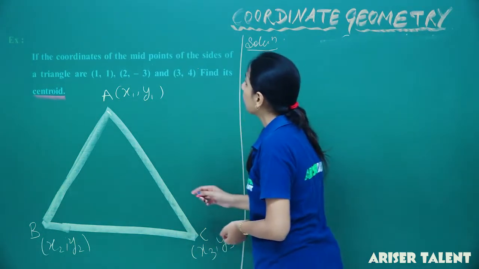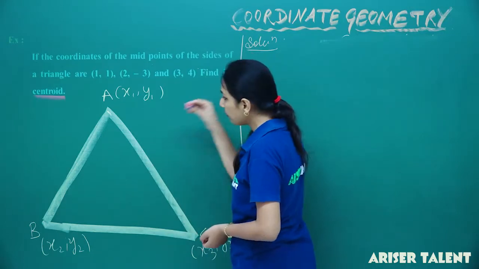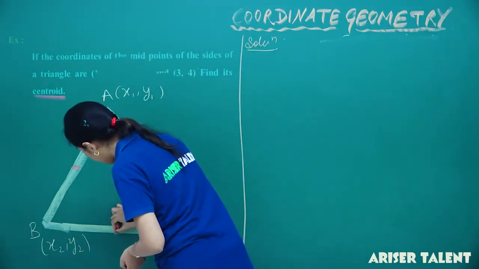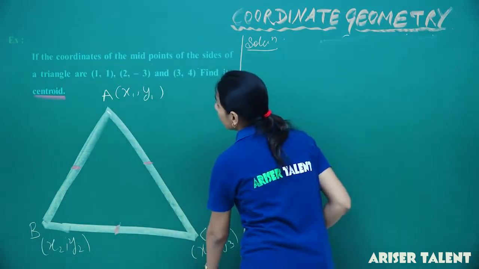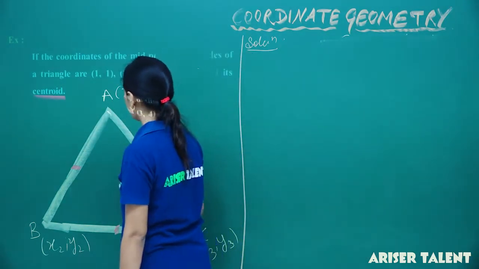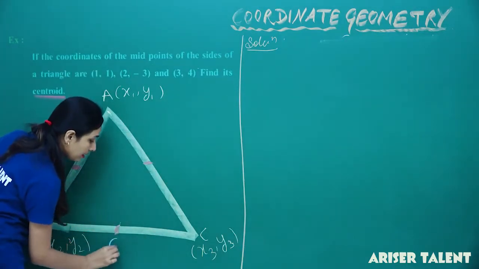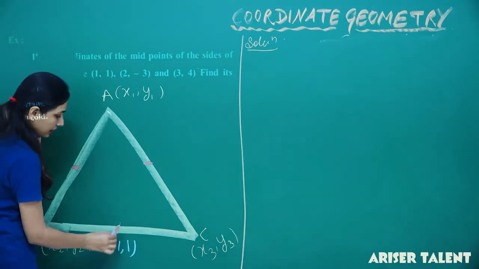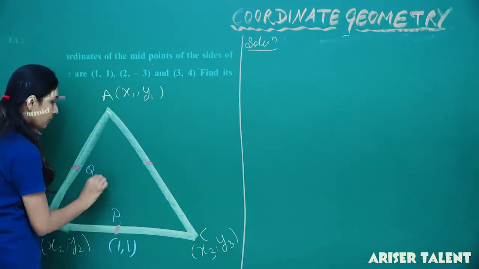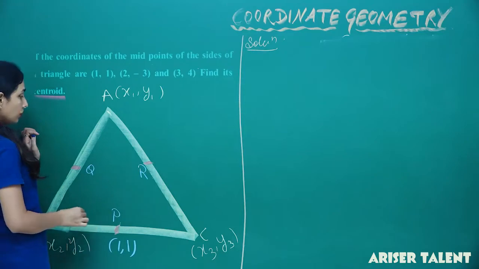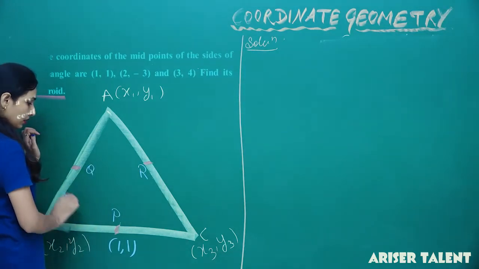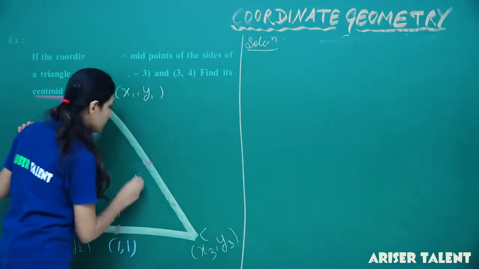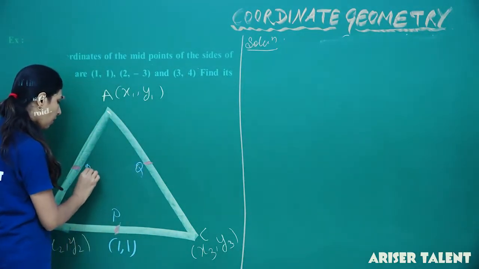Now guys, you are provided with the midpoints. Here I am having a midpoint, here I am having a midpoint, and here I am having a midpoint. The coordinates of these midpoints are (1, 1), then let's suppose P, Q and R. Don't confuse, these are all just names.